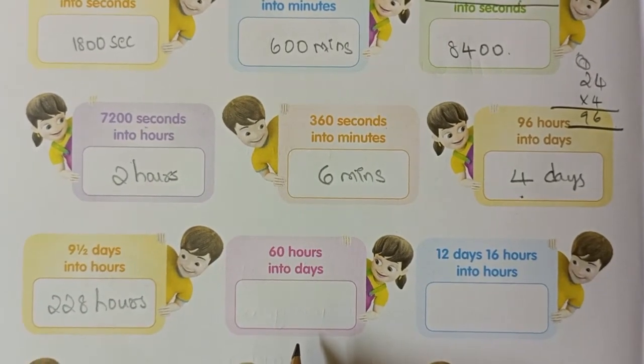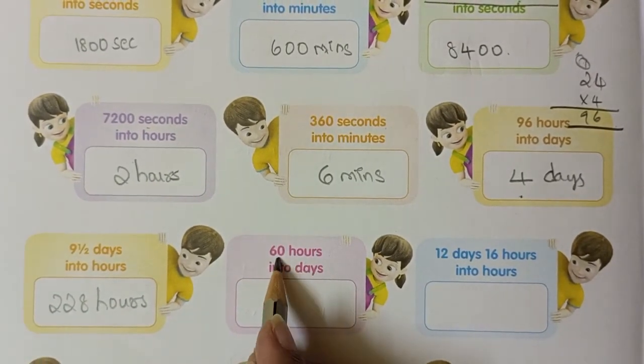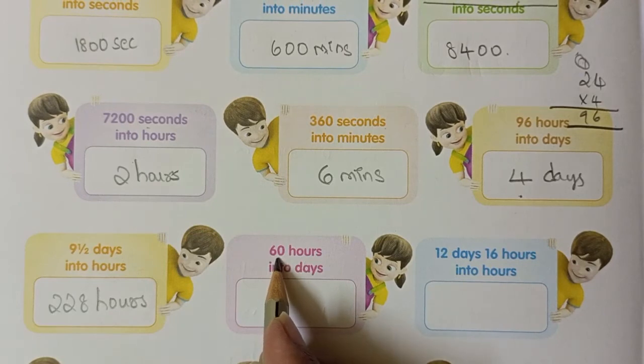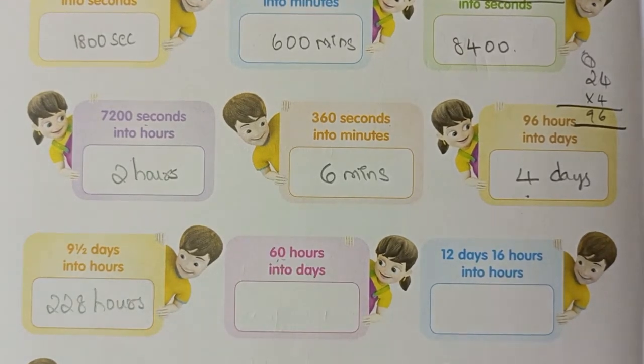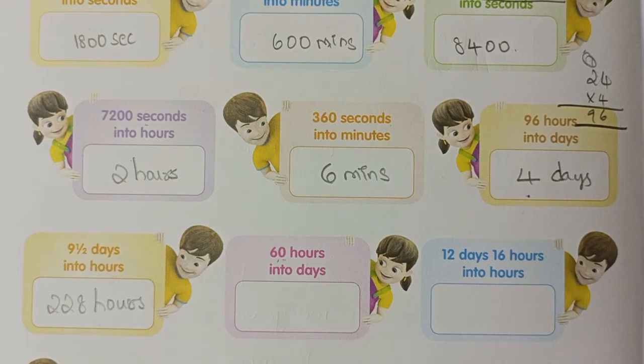60 hours means 2.5 days. Why? Because shall we count that? Per one day, how many hours? 24 hours. And next day, 24 hours.